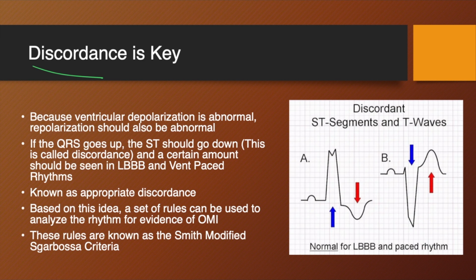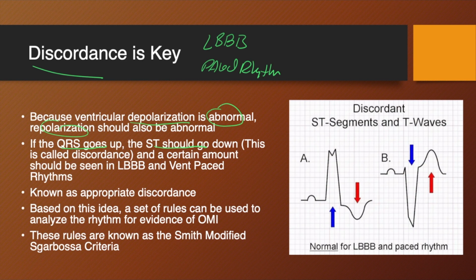So, because ventricular depolarization is abnormal, repolarization should also be abnormal. So, if you have a left bundle branch block or a ventricular paced rhythm, and the QRS complex goes up, the ST segment should go down.